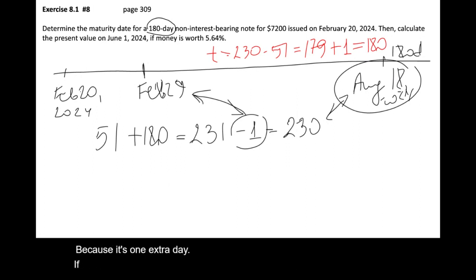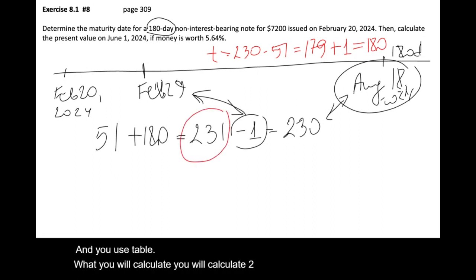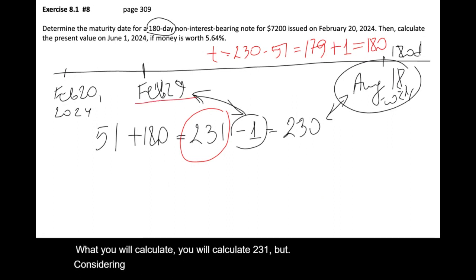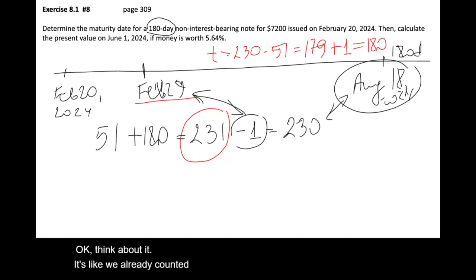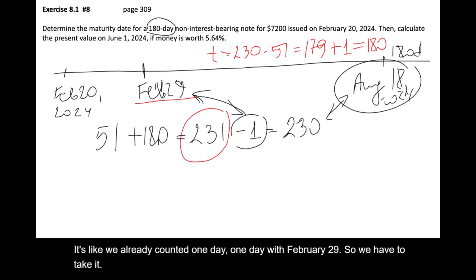Now, if you have 180 days from February and you use the table, you will calculate 231. But considering February 29, we take this day away. Okay, think about it. It's like we already counted one day with February 29, so we have to take it out of 231.